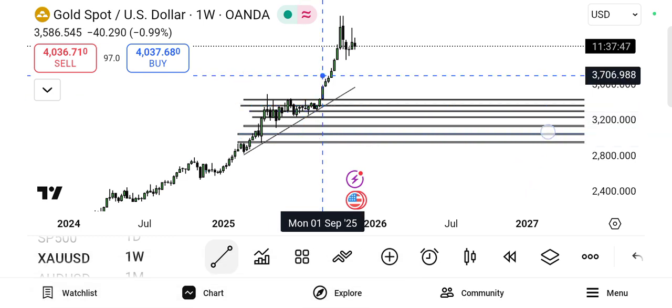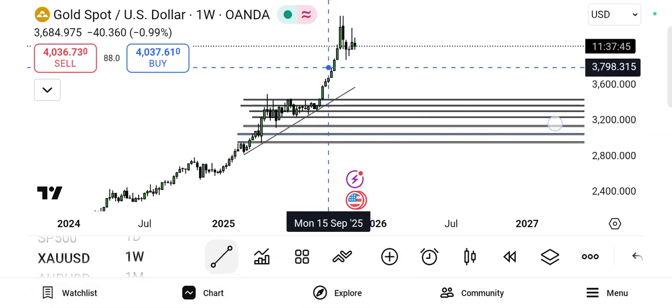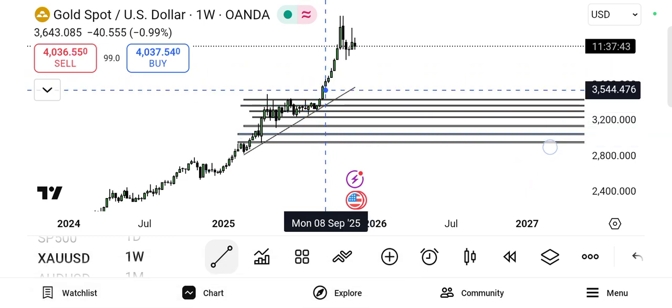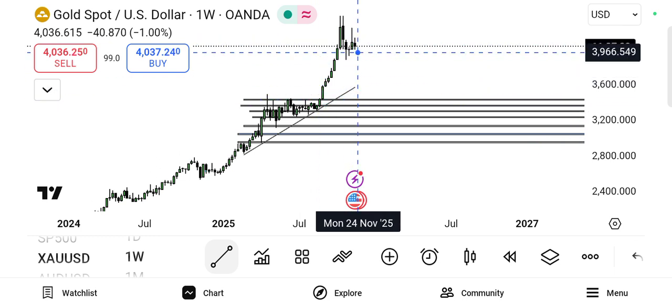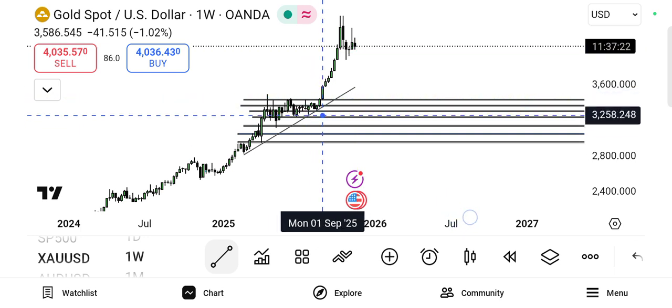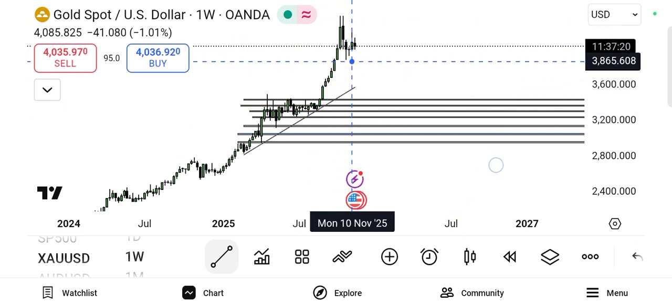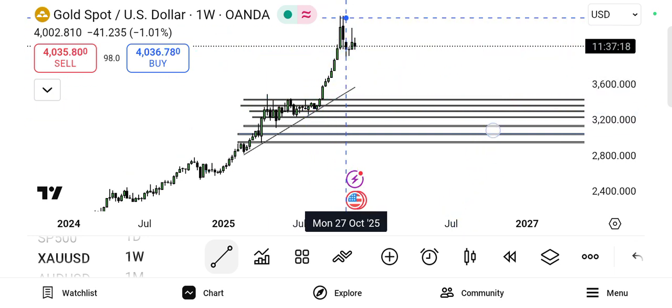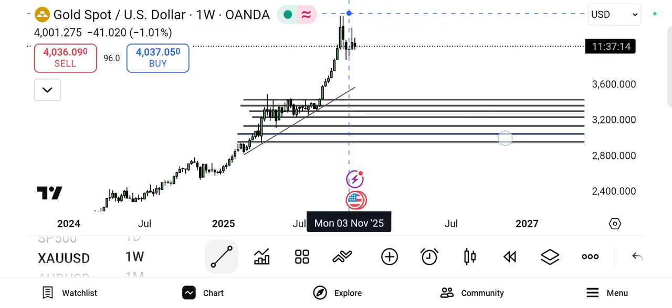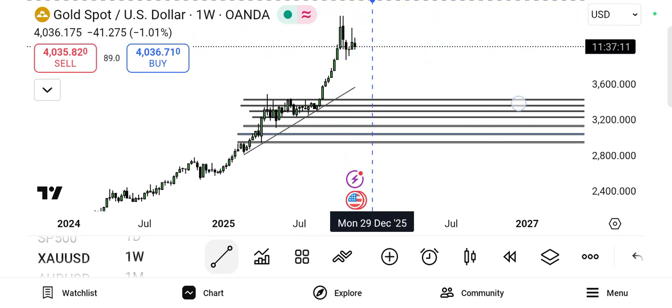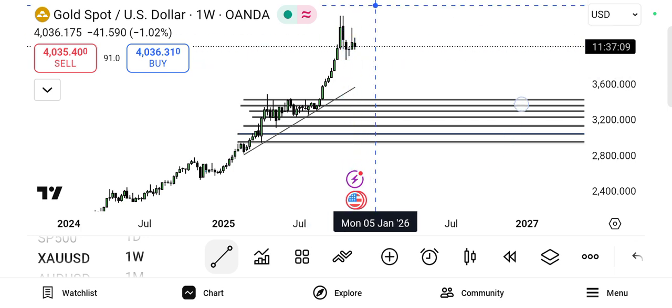Now, how can we take advantage of this? Using the theory of price action, that is market structure, higher highs, higher lows, we could see the market creating higher highs, higher lows. Now this is a higher low creating, so we are expecting the market to move further to create a higher high.